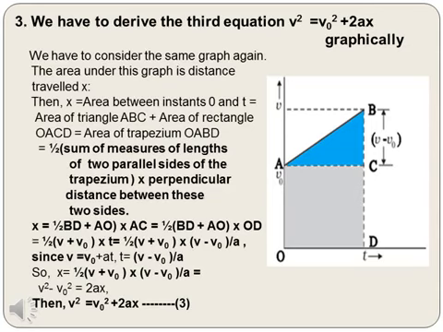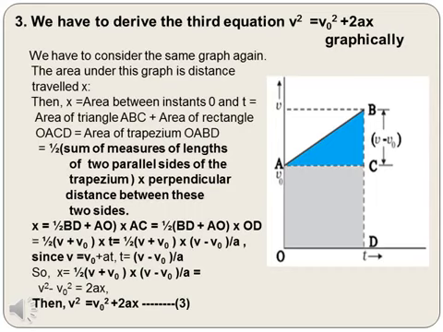Then x is equal to 1 by 2 into (BD plus AO) into OD. Here the two parallel sides are BD and AO, and AC or OD is the perpendicular distance between these two parallel sides.